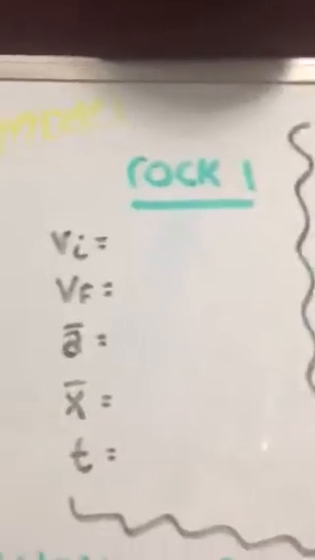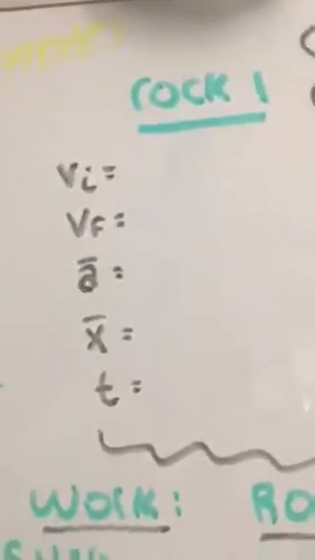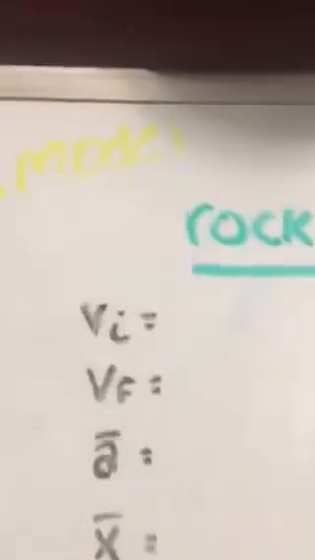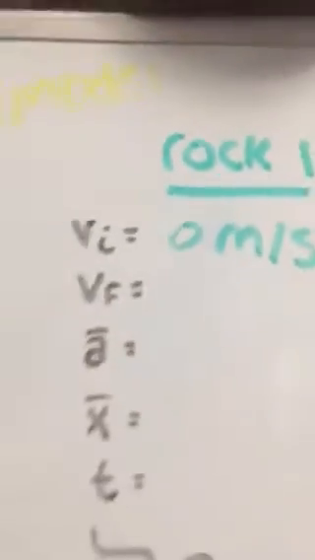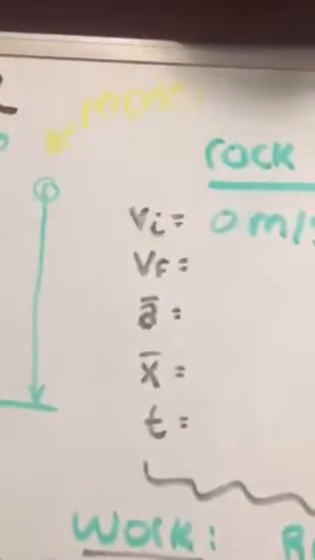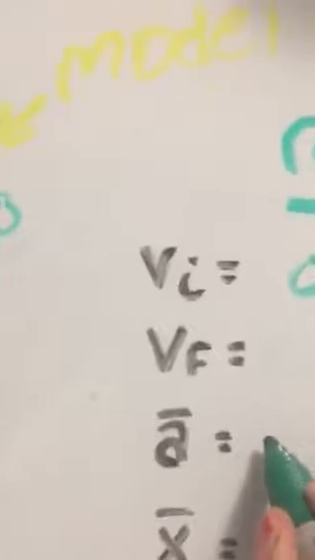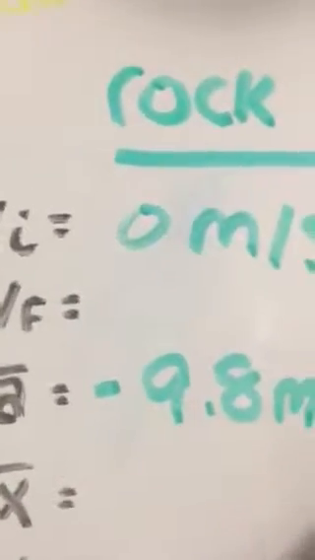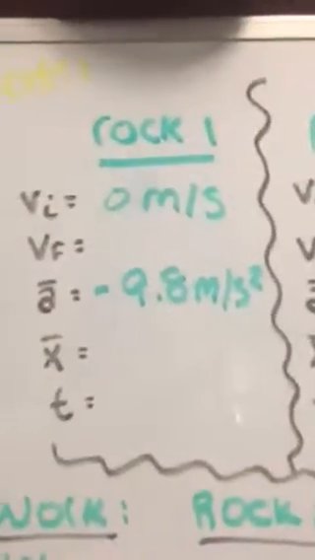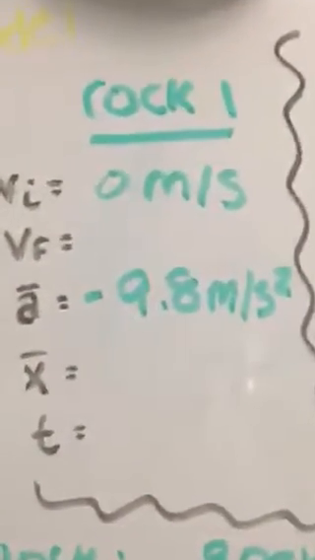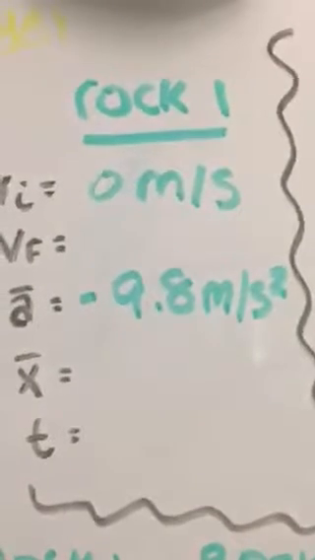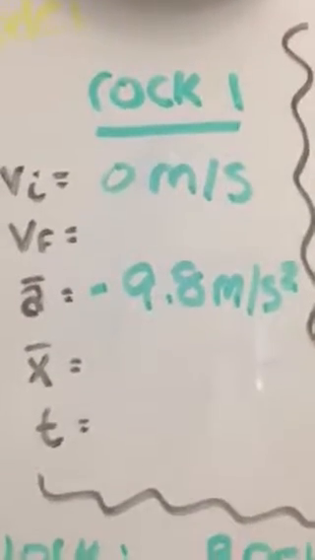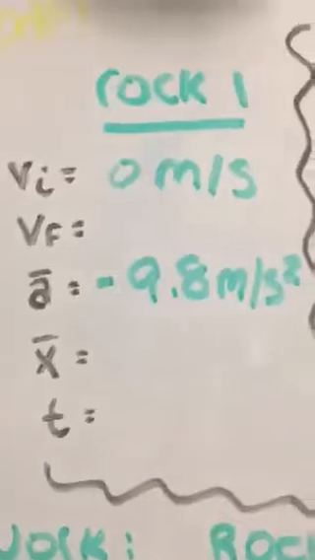So we're going to be filling in what we already know. So for the initial velocity, we already know that it's going to be 0 meters per second. And we also know that the acceleration is negative 9.8 meters per second squared, because whenever it's in free fall, that's always going to be the number.